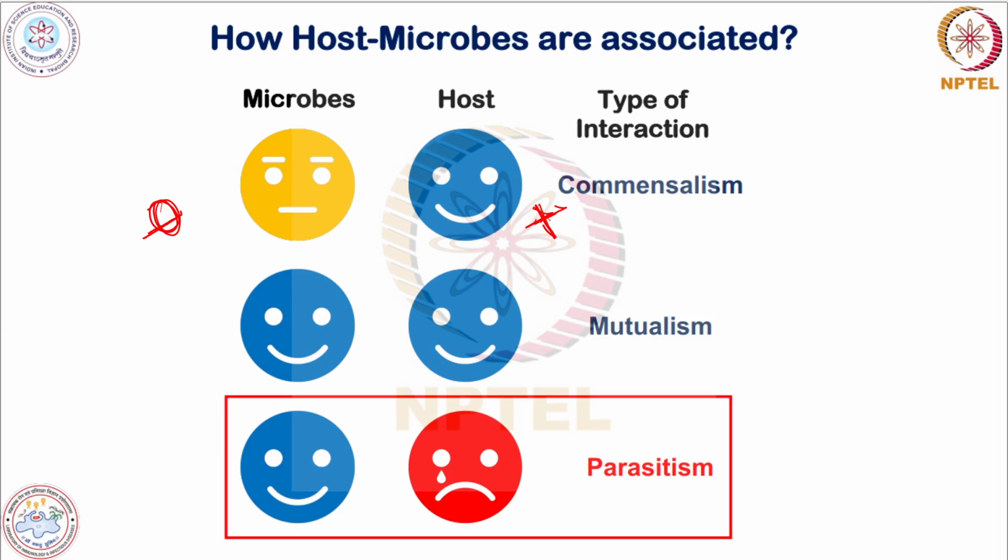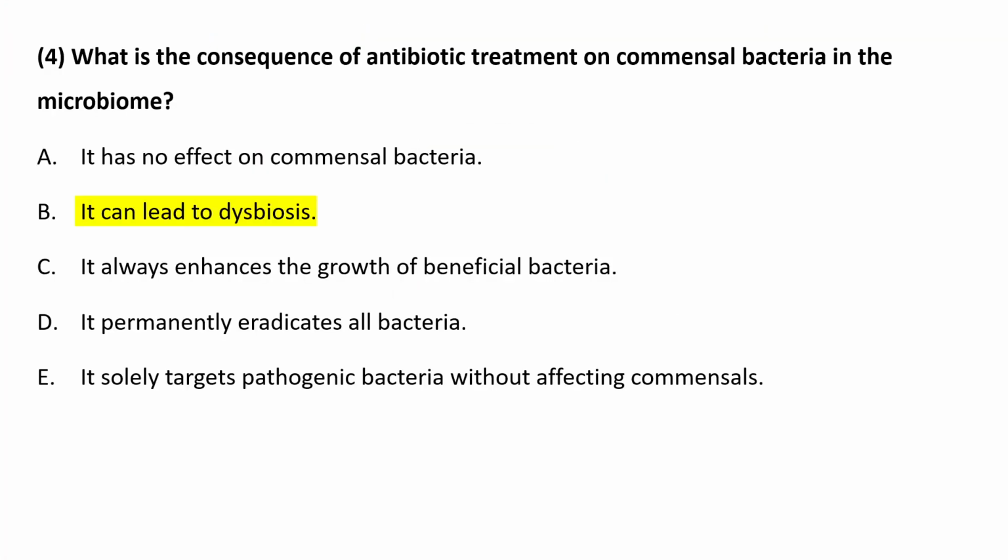The next one is mutualism, where the microbe is getting some benefit and the host is also getting some benefit. Both are happy here. And in parasitism, one partner is getting so many positive effects and the other one is getting harm. It is the negative effect. So it is parasitism. So here are the cases of commensal bacteria in the microbiome, and that is the consequence of antibiotic treatment on commensal bacteria.